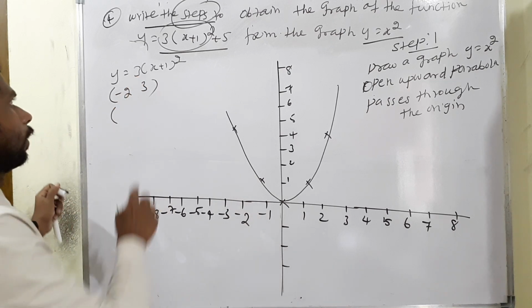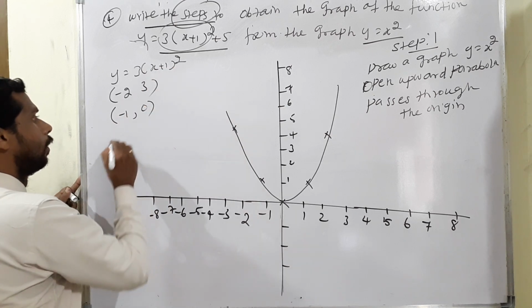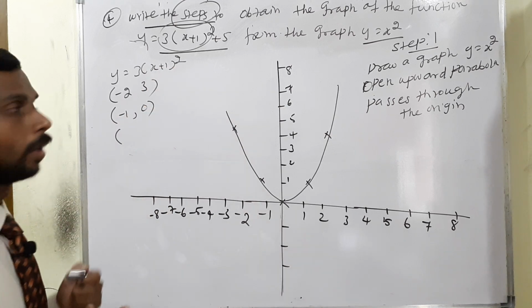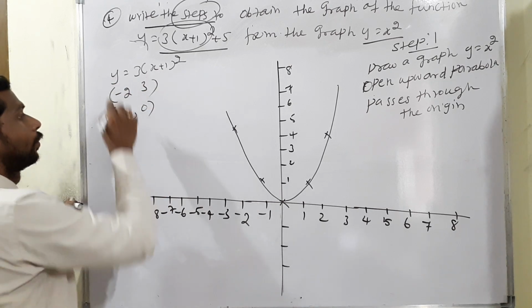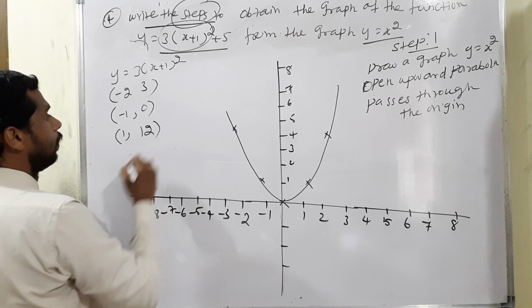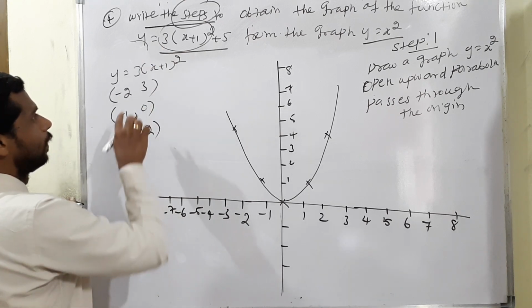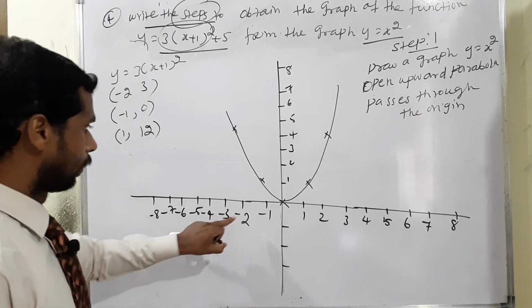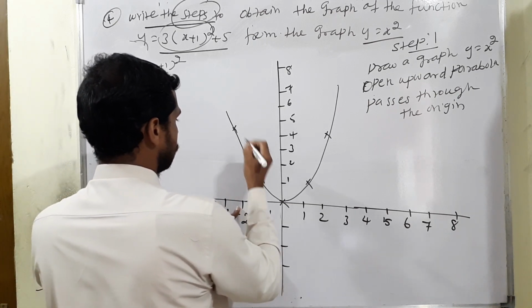Then minus 1: minus 1 plus 1 is 0. The next case, positive 1: 1 plus 1 is 2, 2 square is 4, 4 threes are 12. For minus 2 it will take a bigger number, it's enough now. Minus 2 comma 3.